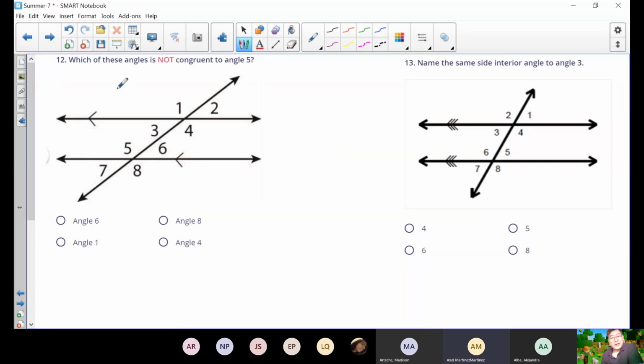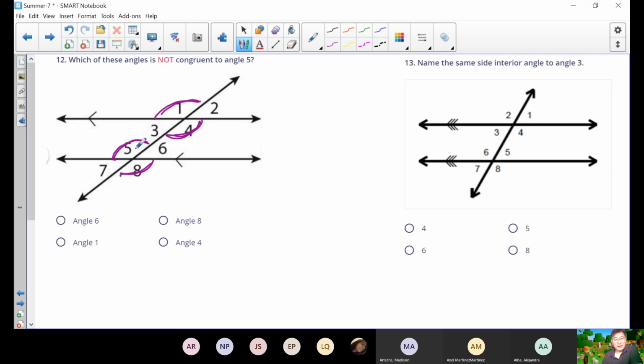Which of the three angles is not congruent to 5? Now, this one is obtuse, think about obtuse. This is corresponding, right? Same. And this is a vertical angle, same. And this is an alternate interior angle, same, right?